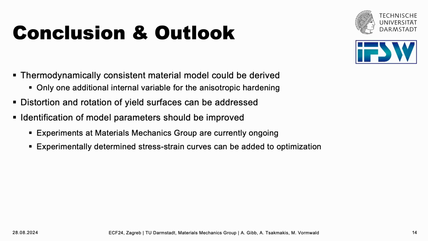But I should mention that we want to improve the material parameter optimization. That's why we are currently doing experiments in our own group, because we only considered yield surfaces right now. But if we want to talk about material behavior and especially fatigue, we need stress-strain behavior as well. And we want to include experimentally determined stress-strain curves into this optimization as well.